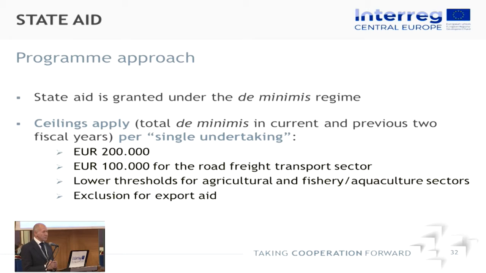And then there is no possibility to give de minimis in case of export activities, which is not really the case for our projects. However, what we do is look at your project and the partners involved, try to see if there is an undertaking performing an economic activity in the project, and which economic activity is affected.